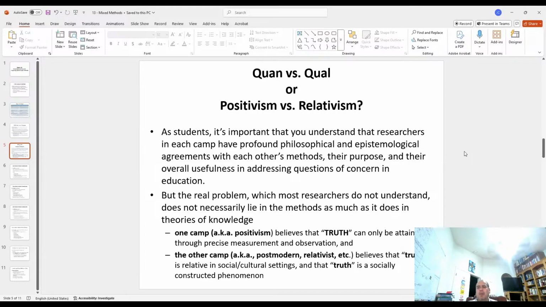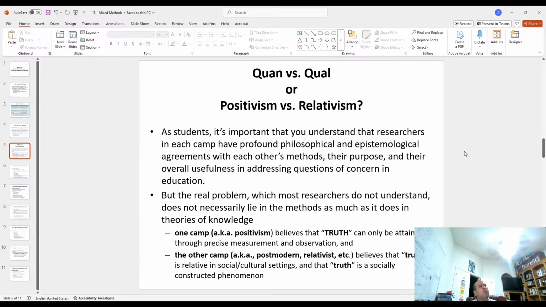How much of a beer? What do you mean by a beer? Is that 12 ounces? Is it 10 ounces? And then I actually measure to get a very precise measurement of how many beers it takes, based on weight, gender, all kinds of different things, to achieve drunkenness, if that's what you want to do, right? That would be a positivistic perspective on how you might approach answering that question.